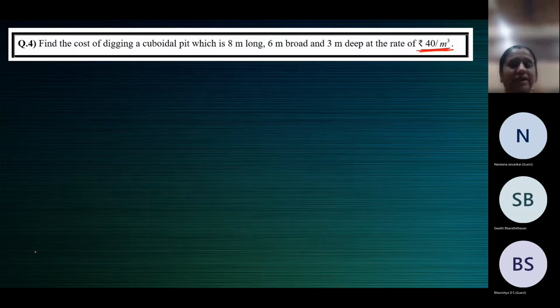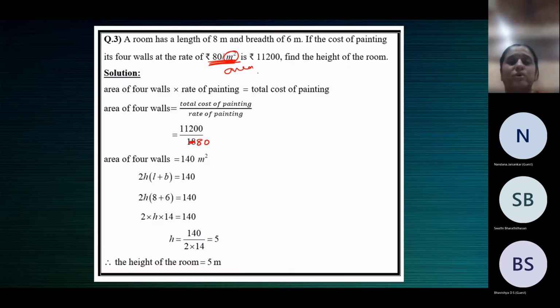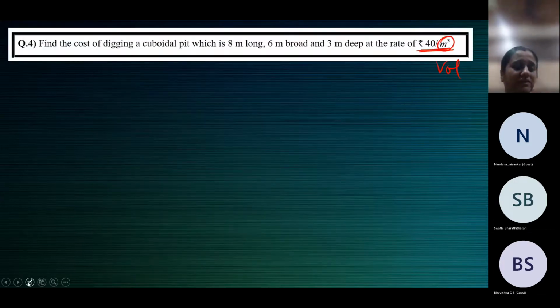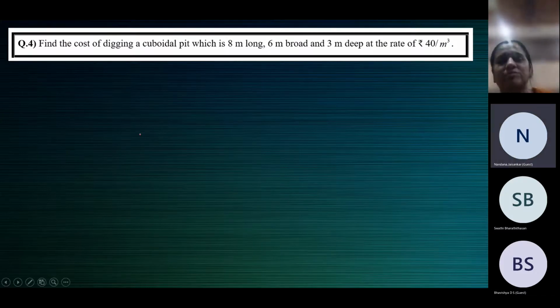To dig 1 meter cube of pit, the rate is 40 rupees. Per meter cube means volume. When it's per meter square, it's about area, not volume. So from the rate, you can make out very clearly whether you have to find volume or area.